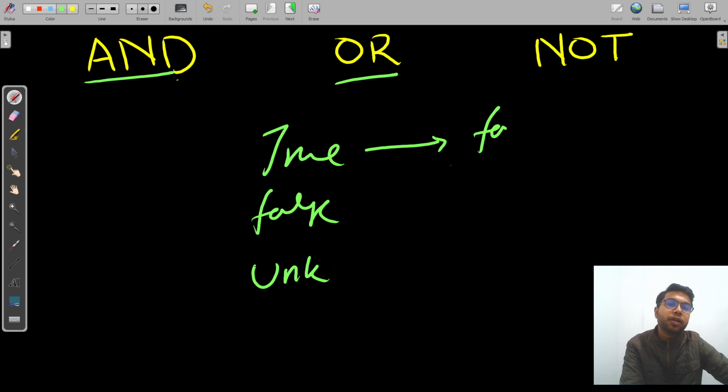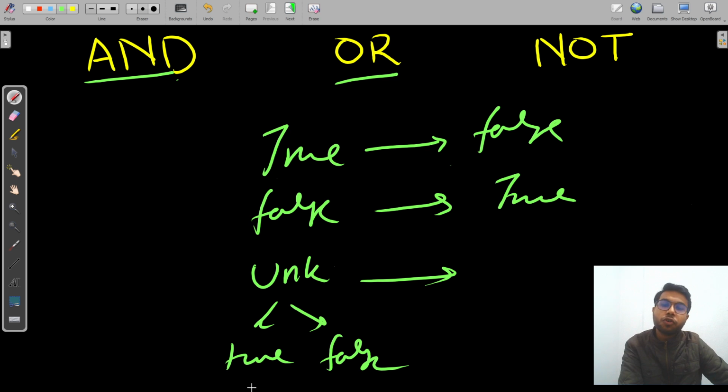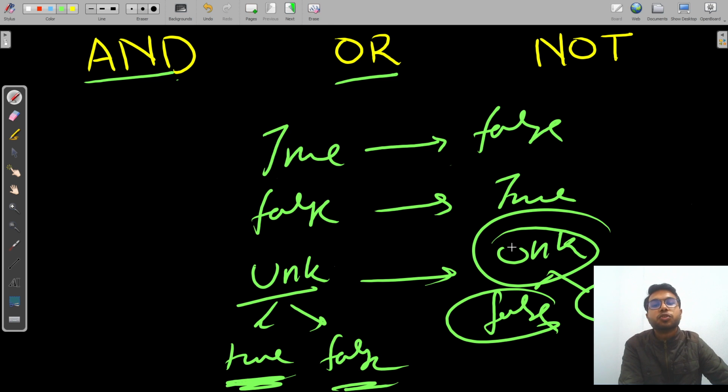So true becomes false, false becomes true. And again, I said unknown might be true, it might be false. Therefore, if this was true, my answer would have been false. If this was false, my answer would have been true, right? That means I do not know what my answer is. Therefore, my answer must be unknown, right? So NOT of unknown is going to give me unknown.